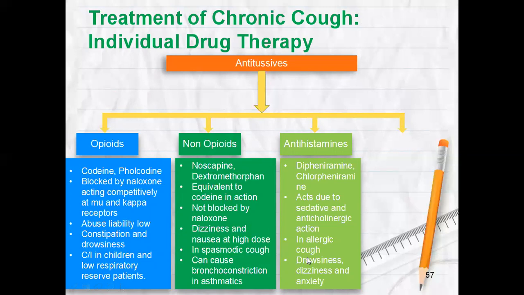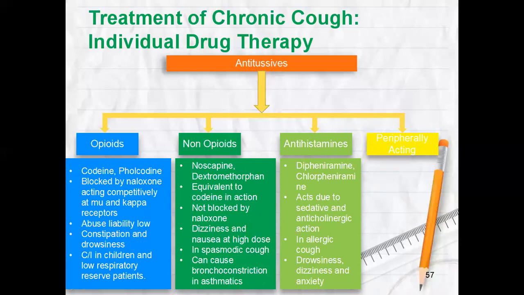But the point to be noted here is that though asthma is a hypersensitivity phenomenon, antihistamines do not act on asthma, but act on other kinds of allergic cough. Their common adverse effects are drowsiness, dizziness, and anxiety. So they are preferably given at night, but not during the day.